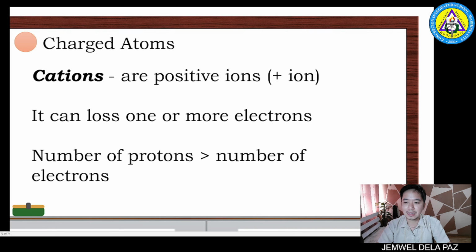Since we know that an atom becomes a cation once it loses one or more electrons, the number of protons is now greater than the number of its electrons.